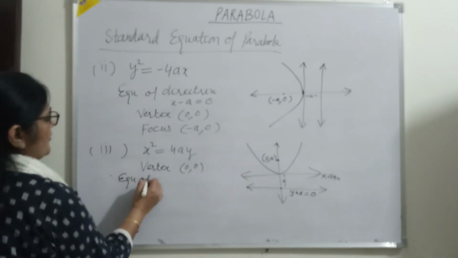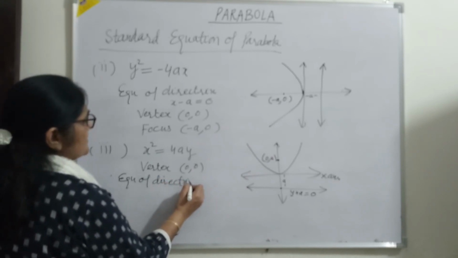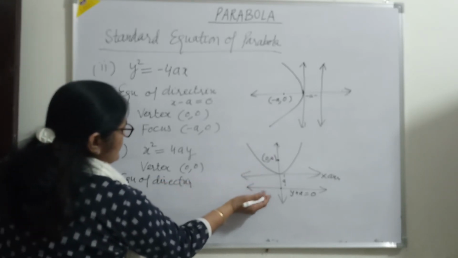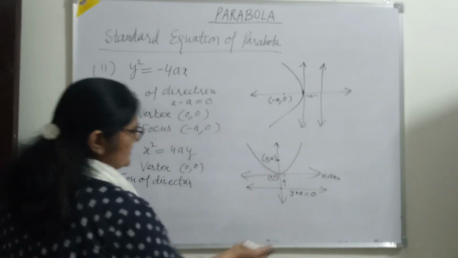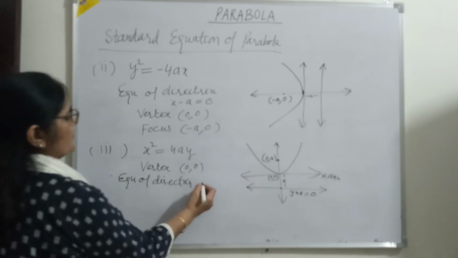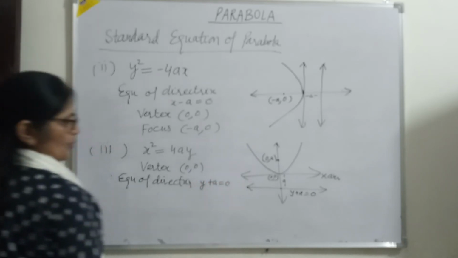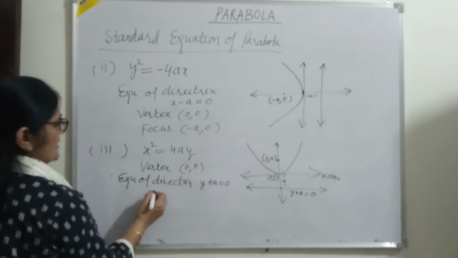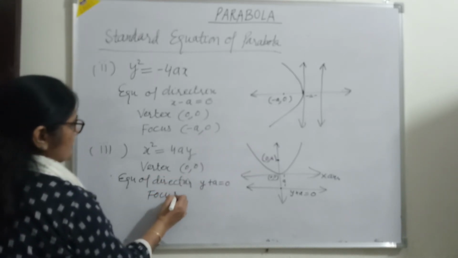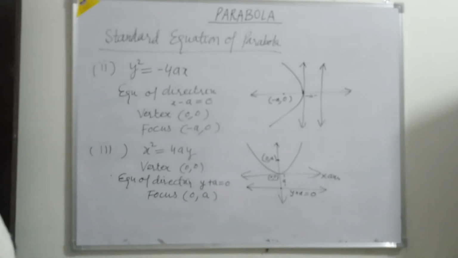So the equation of the directrix: because the directrix is parallel to the x-axis at a distance −a, y = −a. The equation of the directrix is y + a = 0, and the focus is (0, a).